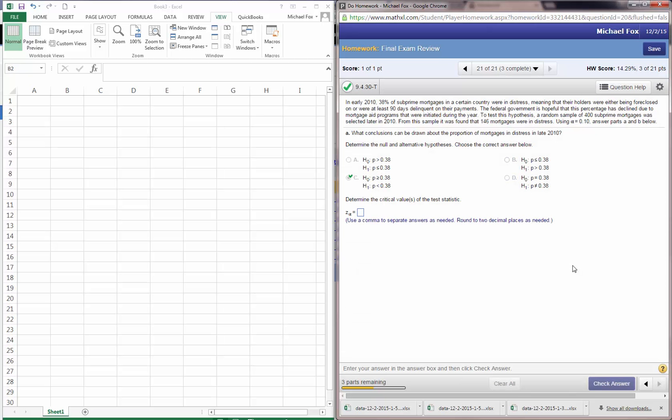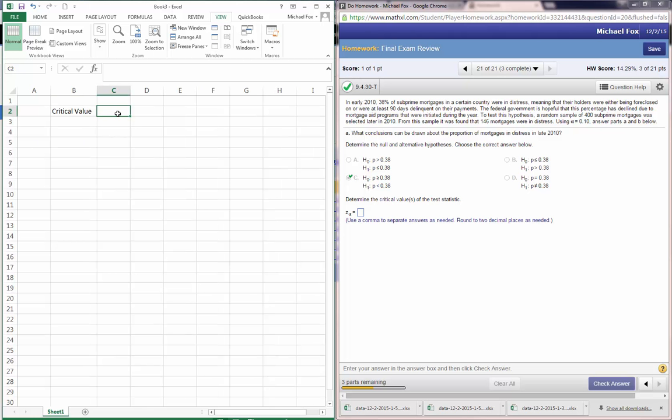Now we're supposed to determine the critical values of the test statistic. So determine the critical value. What we're going to do is we're just going to use the norm.s.inv function. There's also a table we could look this up in. And we're going to use our alpha as a probability.